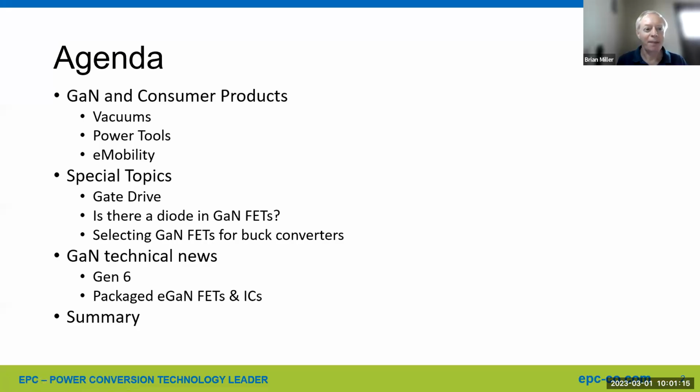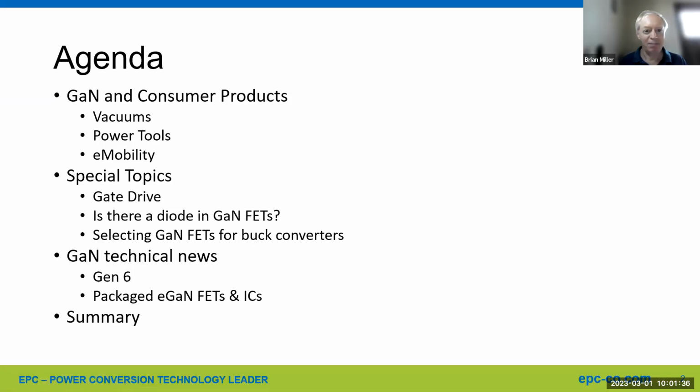The agenda for today: going through GaN and consumer products, how they mix together and work together, followed by some special topics that come up every so often that might be of interest to you all, then some short GaN technical news, and finally a summary.